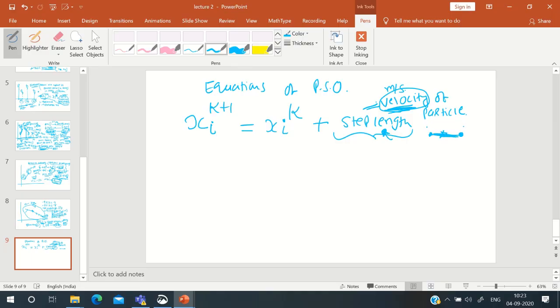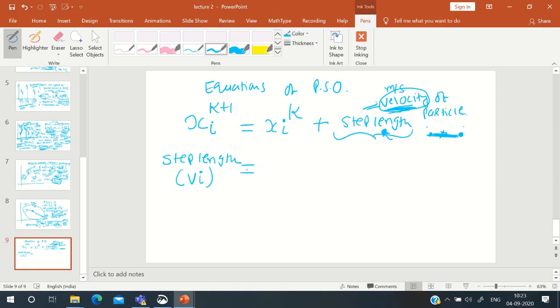So how will you change the value of step length? What is the equation of step length? Step length is designated as v i, velocity of the ith particle in the kth iteration. So it incorporates three concepts.